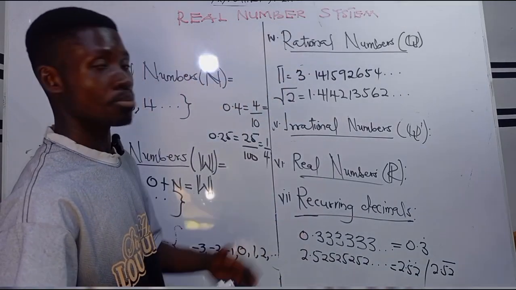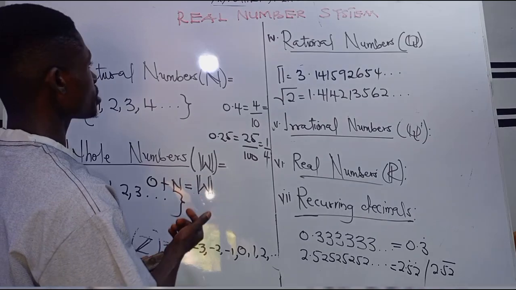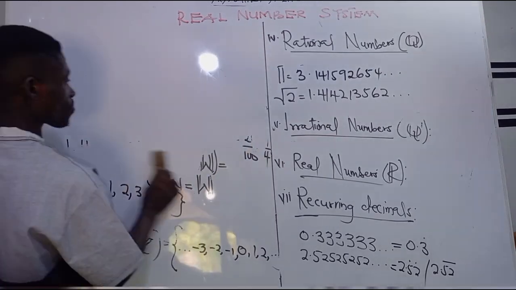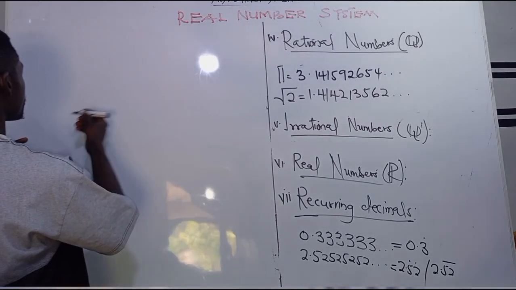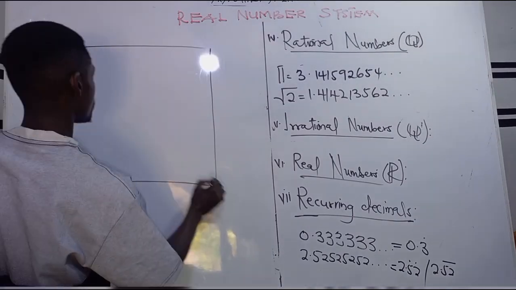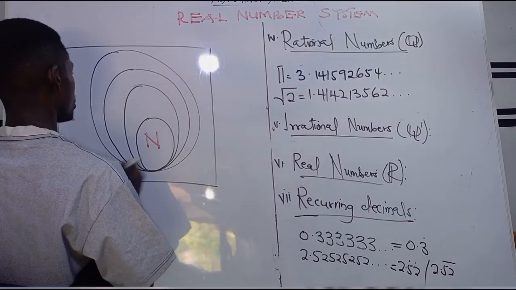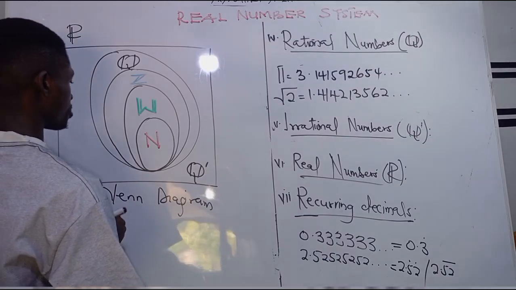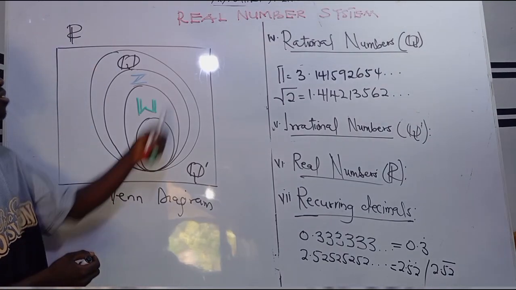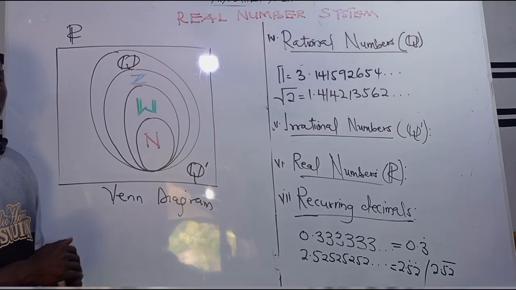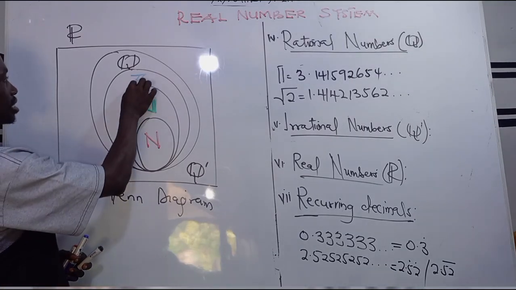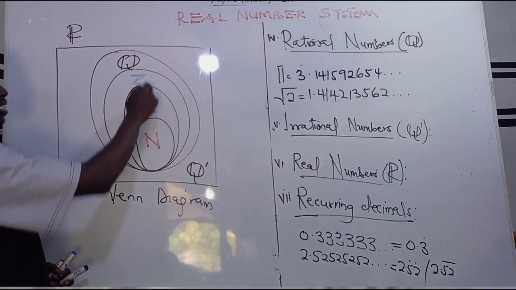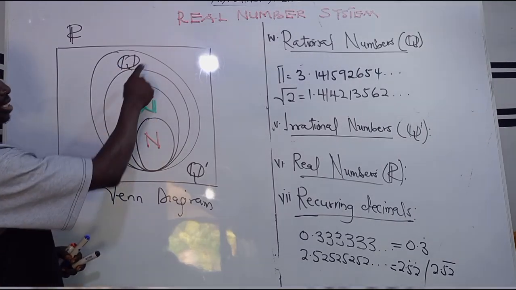So I guess you were able to give examples of such numbers. Now let's use the Venn diagram to illustrate the real number system. So this is an illustration of the real numbers using the Venn diagram. Now you can see from the Venn diagram that natural numbers, whole numbers, and integers are subsets of rational numbers.